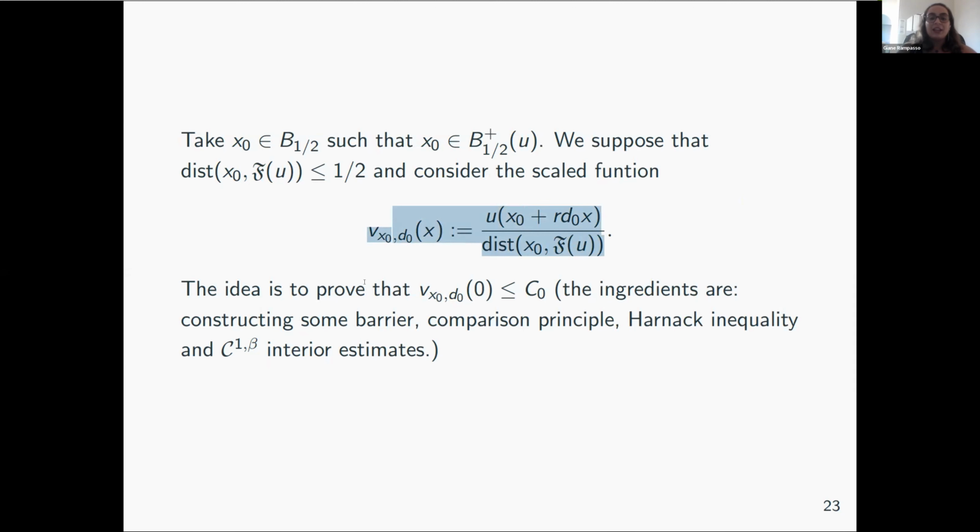The idea is to prove that this v at 0 is bounded by a constant c0. Here we construct some barrier, use the comparison principle, use the Harnack inequality, and the C^{1,beta} integral estimates already proved by Cristiano De Filippis in 2020.